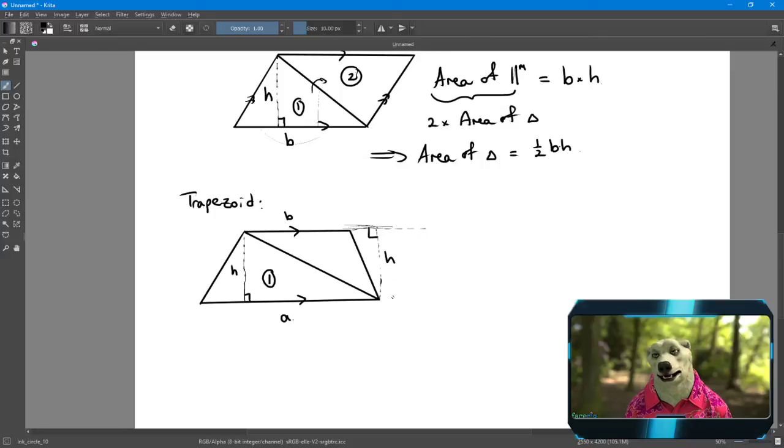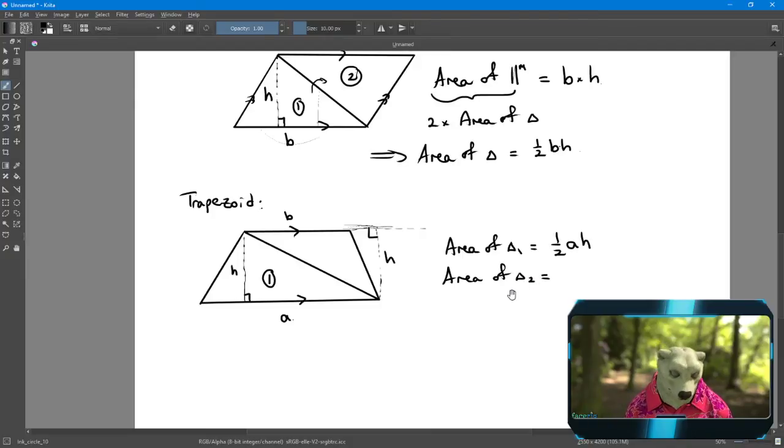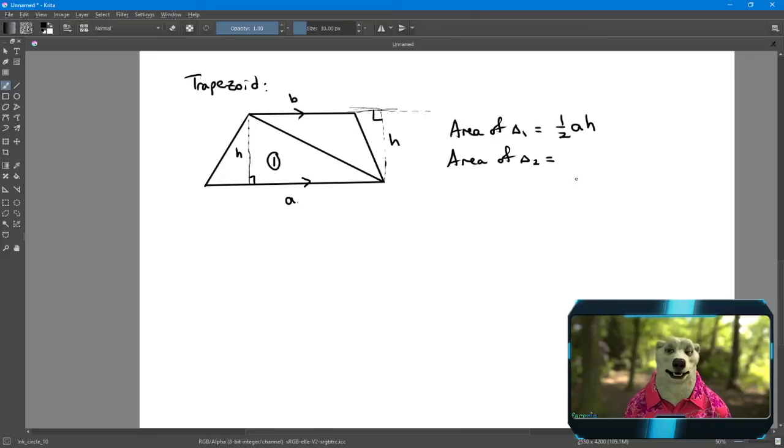That's h as well. So the area of triangle 1 is a half base times height. The area of triangle 2 is also a half times the base times the height, but the base is b. The height is h.